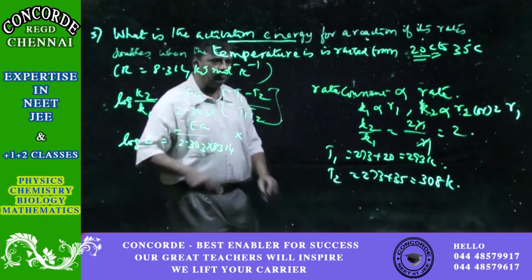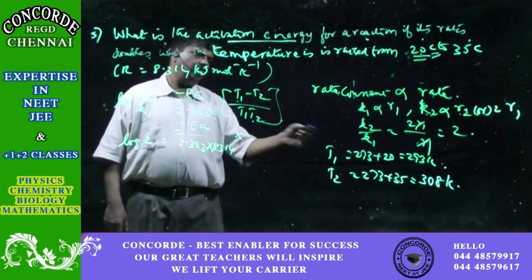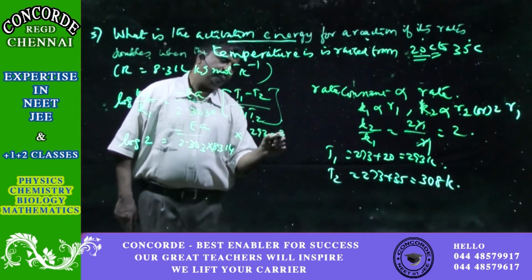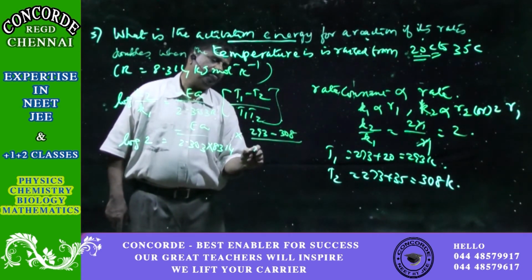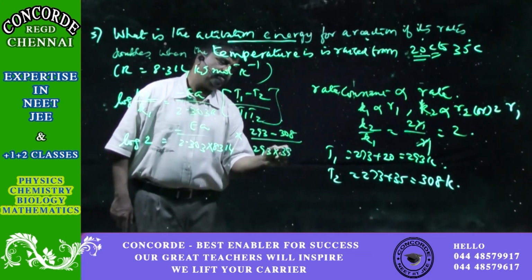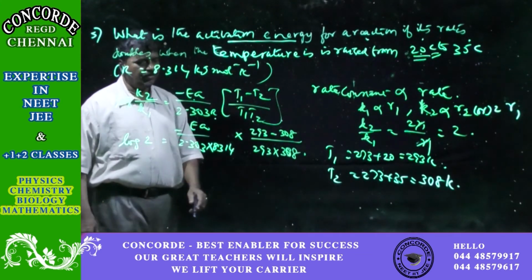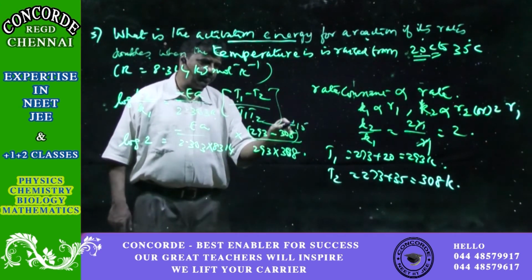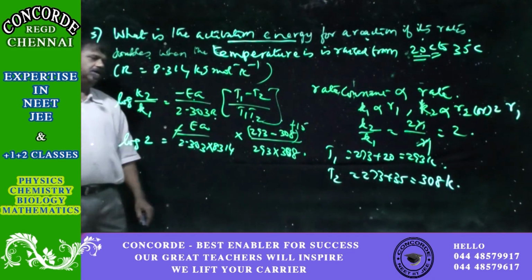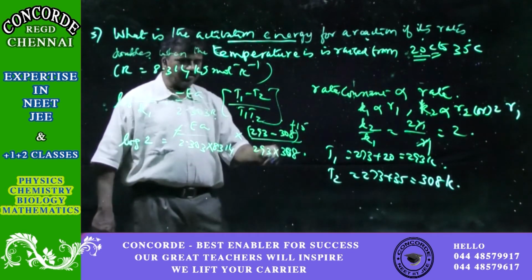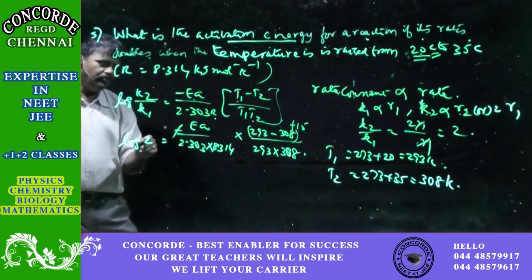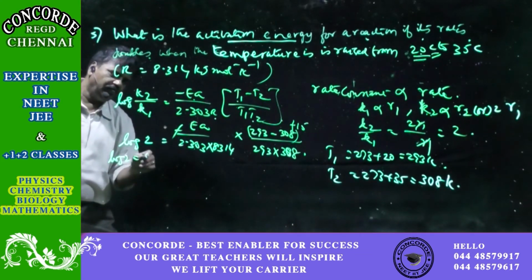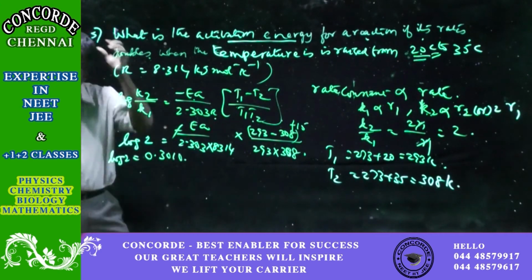So T1 minus T2 is 293 minus 308, divided by 293 into 308. This is minus 15, so this minus and that minus get cancelled. So this is 15 by 293 in this thing. And log 2 is 0.3010, which we know from the log table.